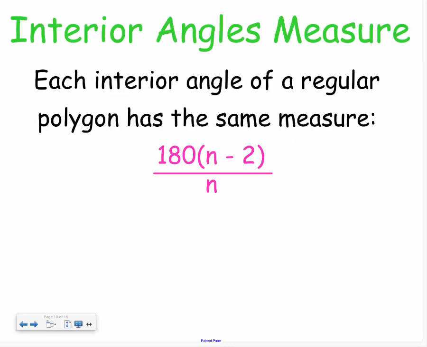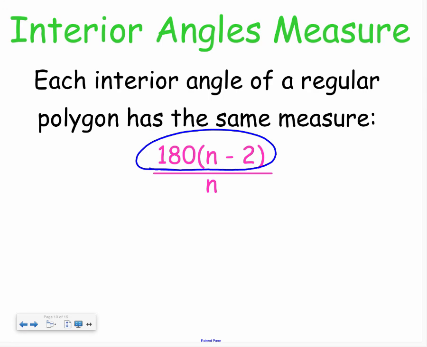So we are able to use this formula to figure out the total number of degrees inside a polygon. If it asks you for the specific angle measurement of a regular polygon, the formula changes slightly. So we're looking for the measure of each interior angle. You still find the total number of degrees. That's the top part of the formula. But then you divide by n, which is the number of sides, which is also the number of angles.